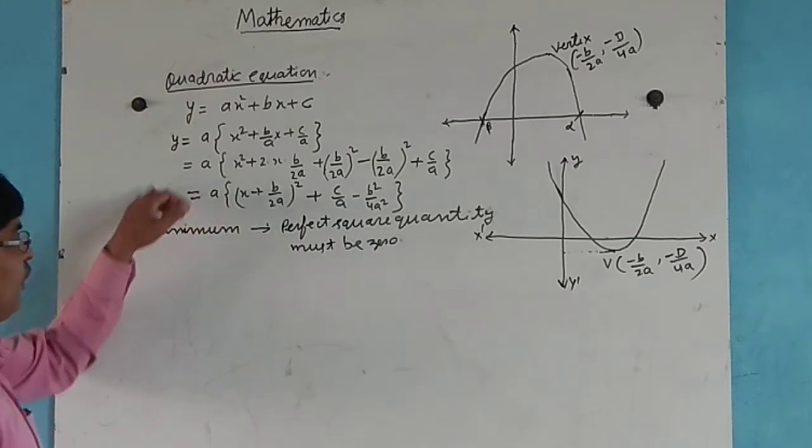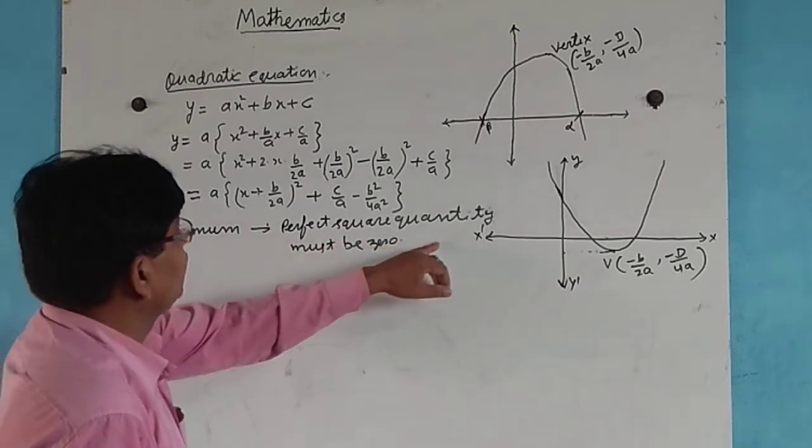So for the minimum of y, the perfect square quantity must be 0.